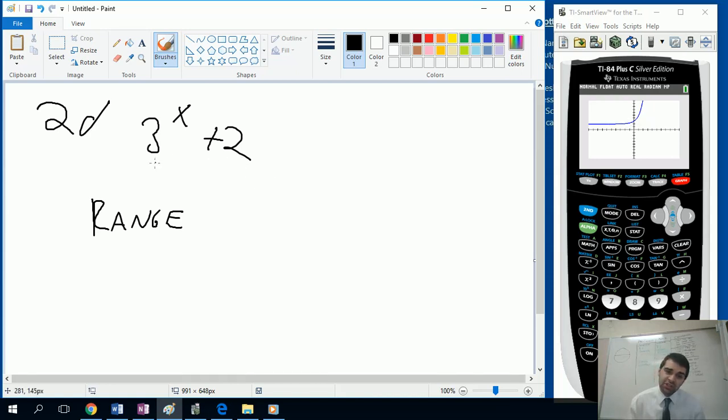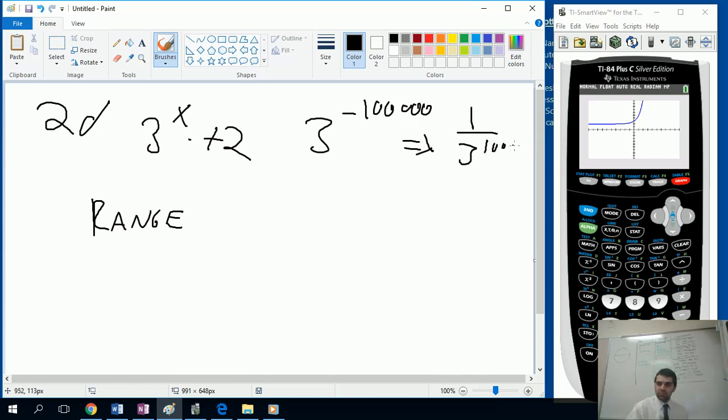We're not going to touch 2, because 3 to the x, even as x becomes a very large negative number, such as negative 1 billion, becomes 1 over 3 to a huge number, which is almost 0, but not quite.